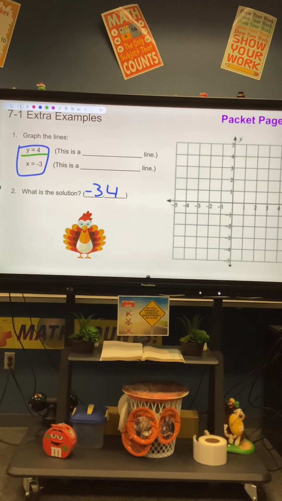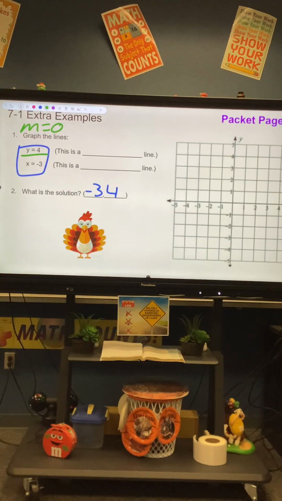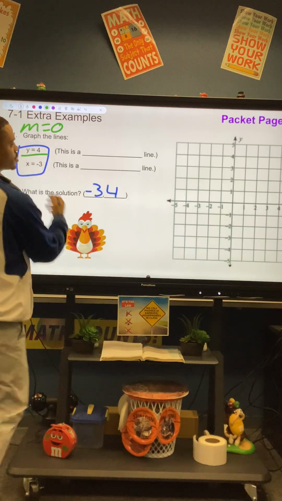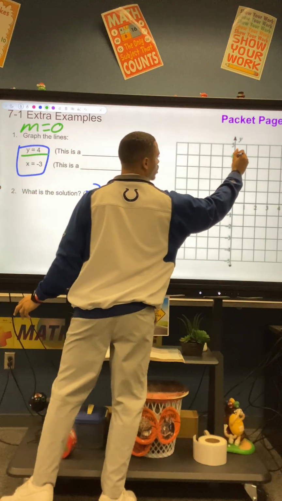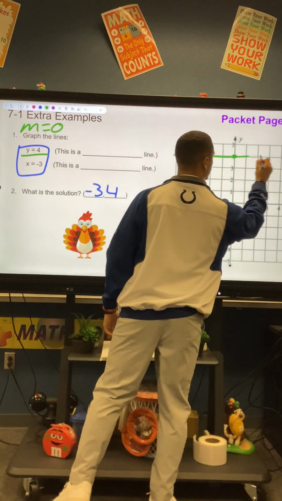Y equals 4, right? Do we have an M value? No, right? There's no M value, so M equals 0. We don't have one. Y equals 4, so we technically have a B value. So we're gonna go to 4, +4 on my graph, put a point there. And since we don't have a slope, this makes this line horizontal.